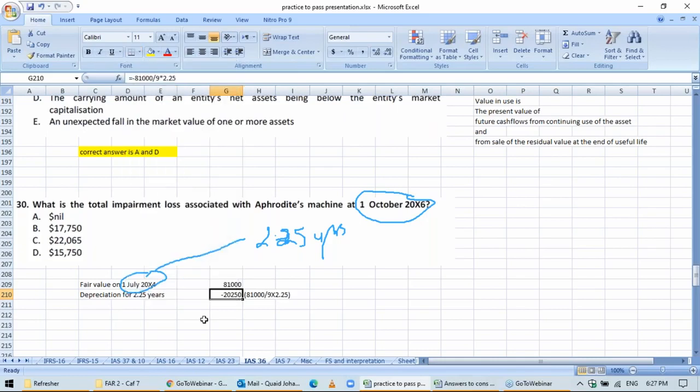Now, this carrying value you are watching on the screen is on 1st of October 20x6. Now we will calculate the recoverable amount.